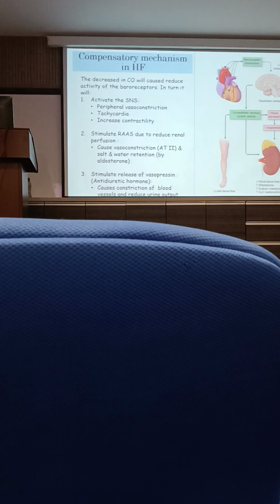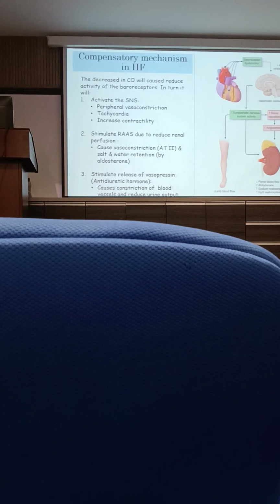So when there is a reduction in cardiac output, as mentioned, there will be a compensatory mechanism. There will be reduced activity of the baroreceptors. When there is reduced activity in the baroreceptors, it will activate the sympathetic nervous system. This is a fight and flight reaction.